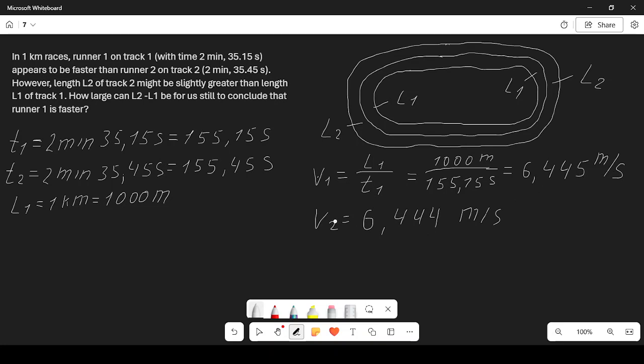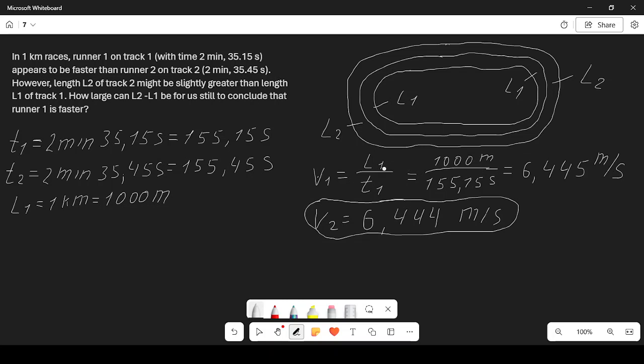If runner number 2 has speed a 1000th part more, then the speed will be equal. So this is the maximum speed runner number 2 can have, for us to consider runner number 1 faster, a fair winner.